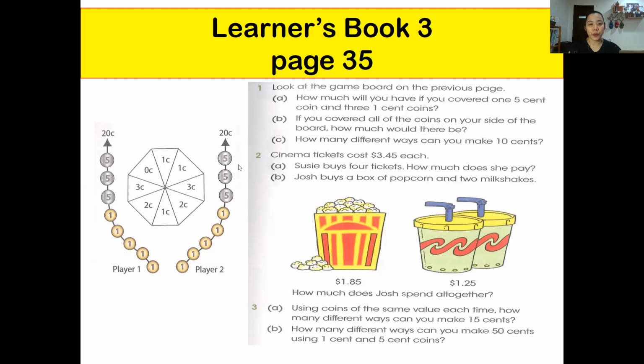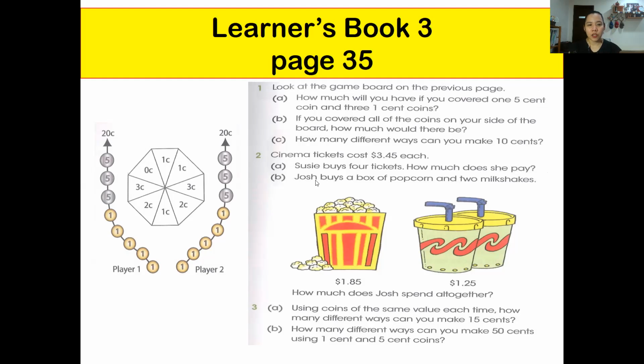For number 2, cinema tickets cost $3.45 each. Letter A, Susie buys 4 tickets. How much does she pay? So you're going to add together 4 tickets at $3.45. Write your answer there on this page.